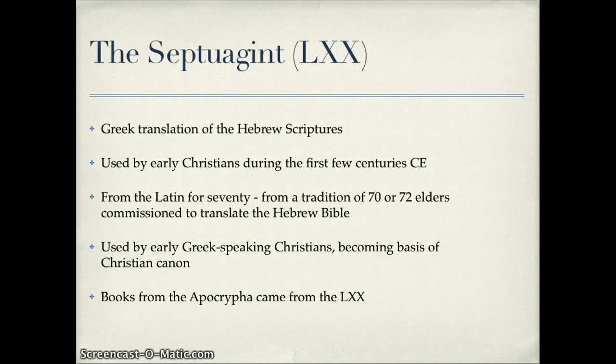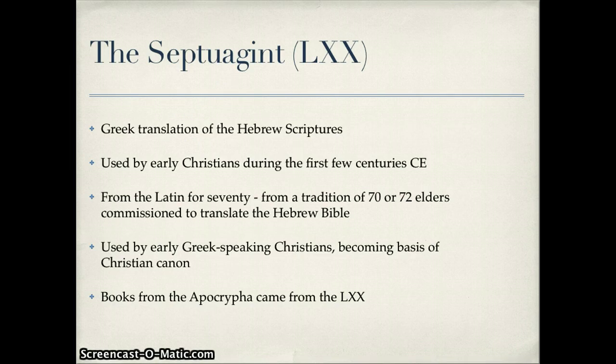Once they finished translating, and they started with the Torah, they all came out, they compared the translations, and voila, all 70 or 72 translations were exactly identical. Okay, so that's the legend of the Septuagint.